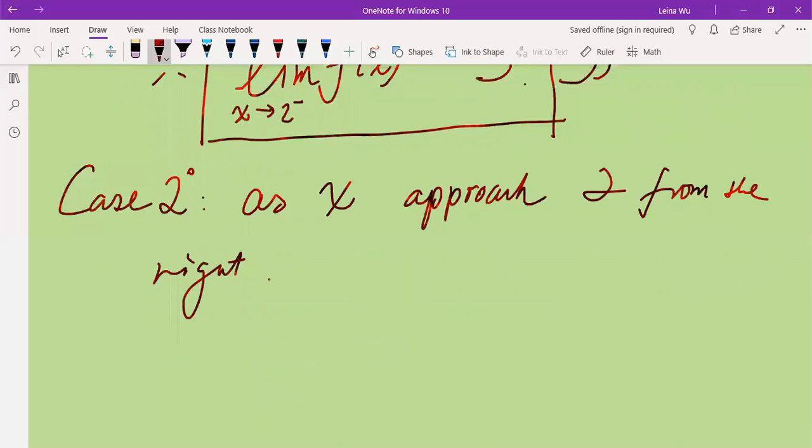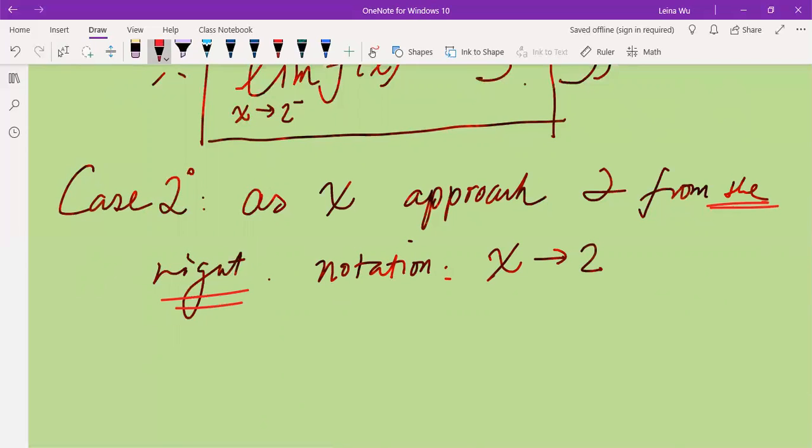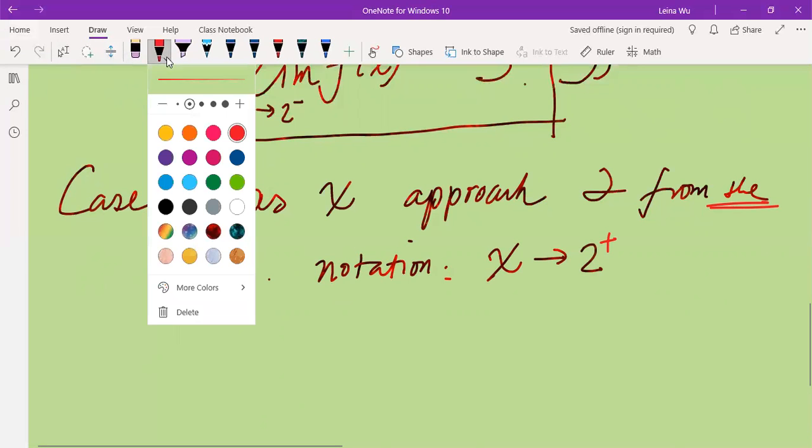We're just going to have the notation here. It will just be x approaching 2. If you say from the right, then it's going to be 2 plus. Okay, approaching 2 from the right. Let's take a look at what's the behavior of the function.